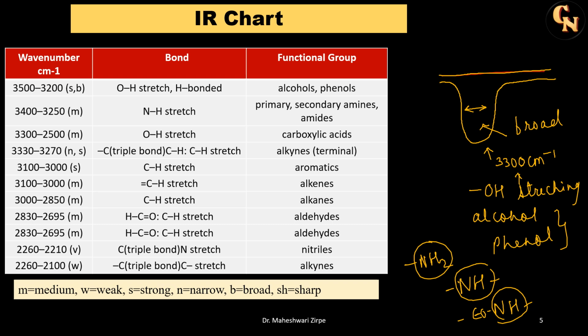So if your signal is medium, okay, and suppose the value comes out to be 3357, then you have to guess whether it is for NH, because this value comes between the first value as well as this value.